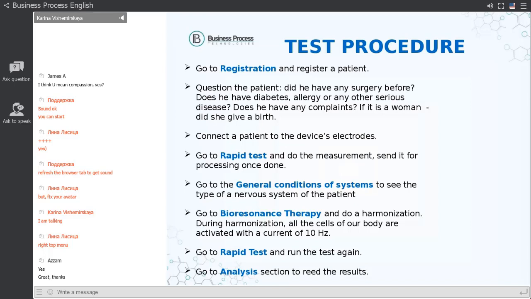So when we do the first rapid test, in order to do harmonization, we do it depending on which type of vegetative nervous system a person has. That's why after rapid testing, we need to go to analysis, general conditions of systems, go down and find the type of nervous system of a patient.